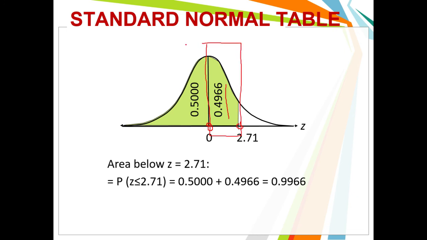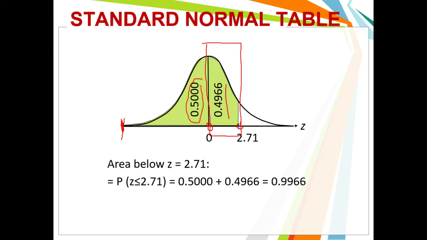Okay, since yung hinahanap sa problem is cumulative area, pag sinabing cumulative area, that is from the leftmost part ng ating curve hanggang sa specific na z-score. So sa problem nga, 2.71 ang z-score na binigay. So ang magiging cumulative area is from the leftmost na point papuntang 2.71. So bakit 0.5?